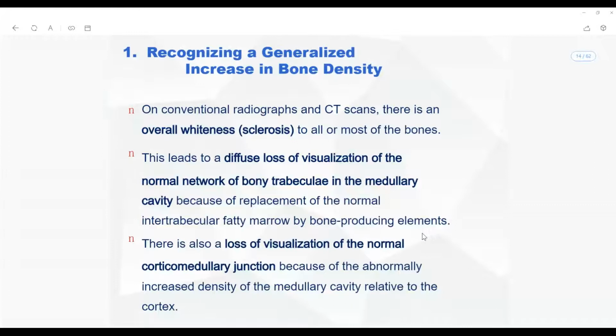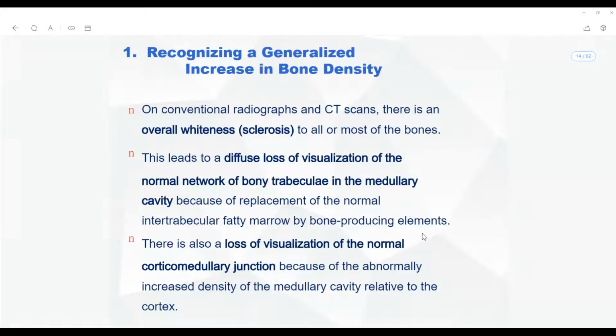Did you understand? The other trabeculae are normal, but they have lost their visualization. There is an attenuation in them, which is happening because of the replacement of the intertrabecular fatty marrow by bone producing cells.